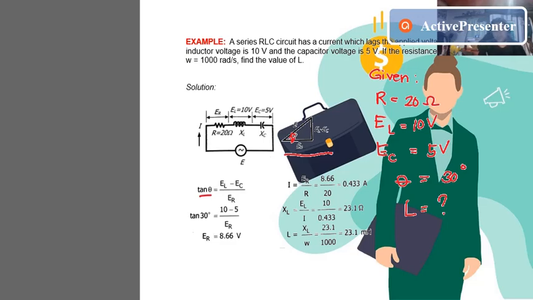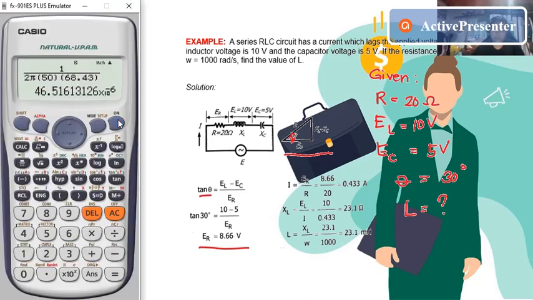Since we are solving for ER, we have on our calculator 10 minus 5 divided by tangent of 30 degrees. Our voltage drop is 8.66 volts.